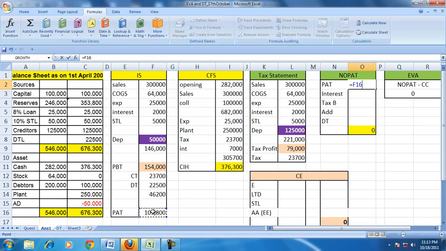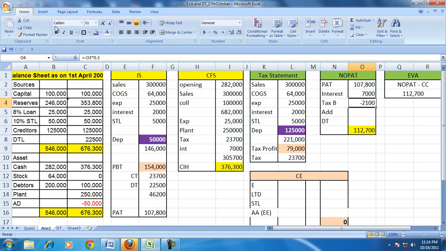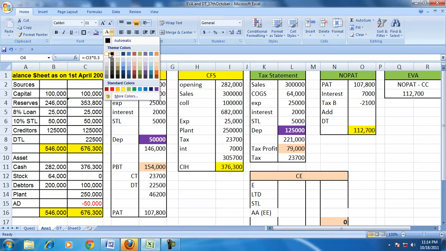We'll take the profit after tax, we'll add back interest, and interest is both short term and long term, that is plus 7,000, less tax benefits on interest at 0.30.